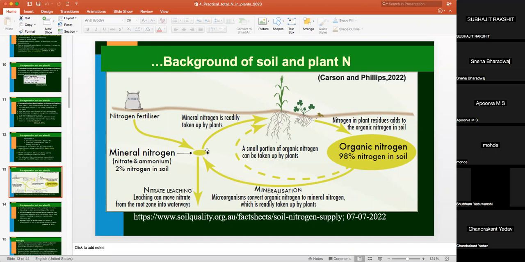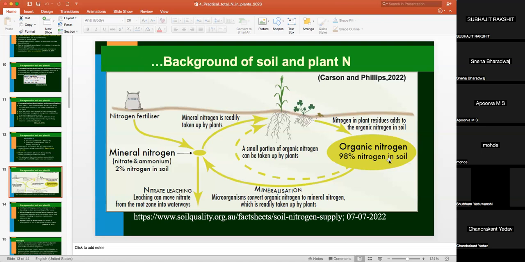And some of the mineral nitrogen which is present in nitrate or ammonium form, here it is shown as nitrate leaching, but it can be ammonium leaching also. And you can see some of this can be taken up by the plants. The roots or leaves can become part of the soil, and then they can become part of the organic nitrogen, which is 98% in soil.